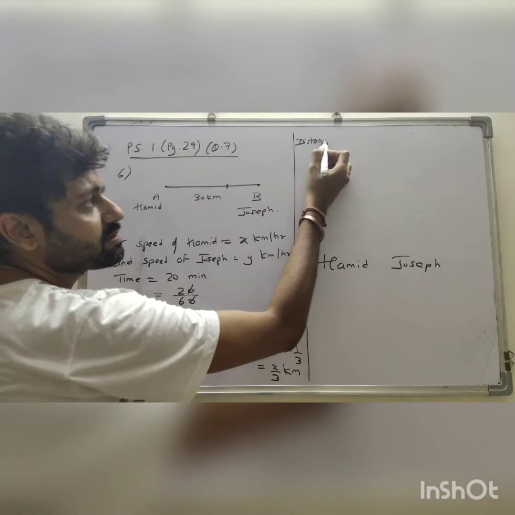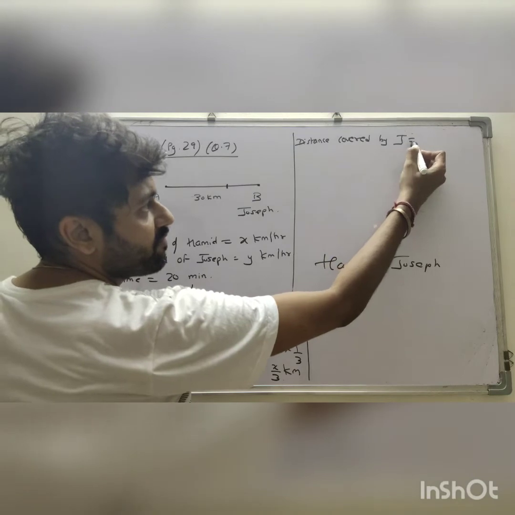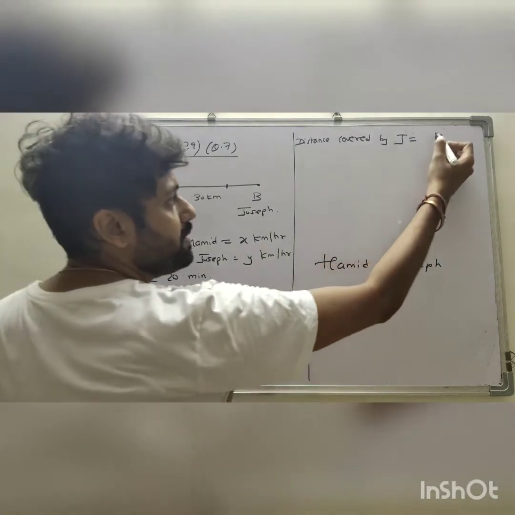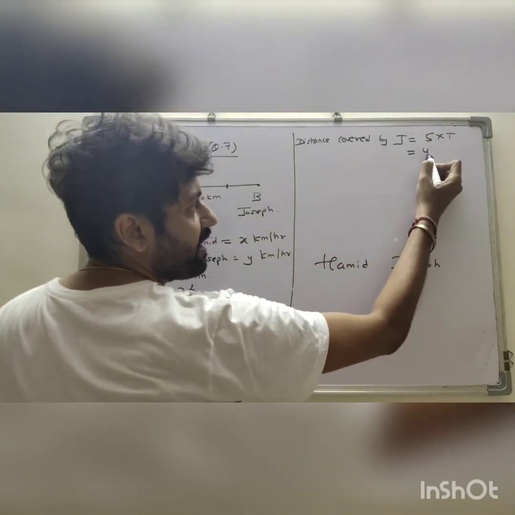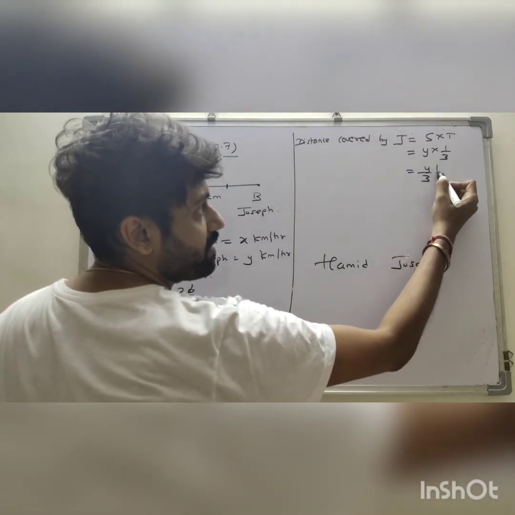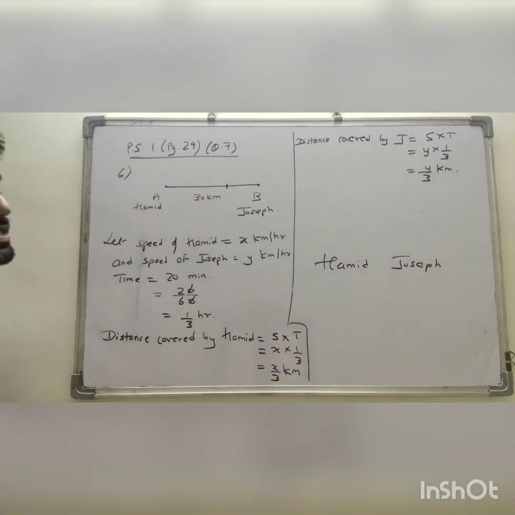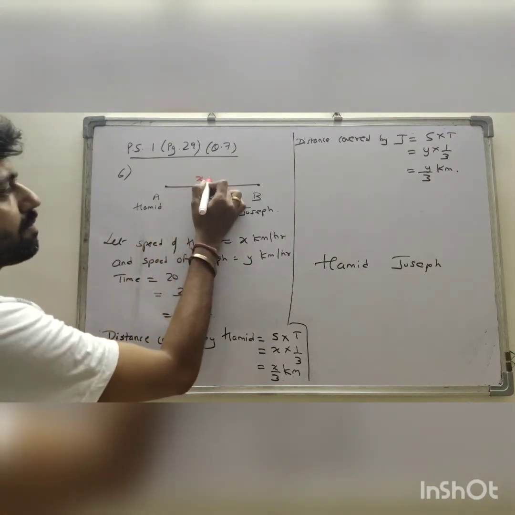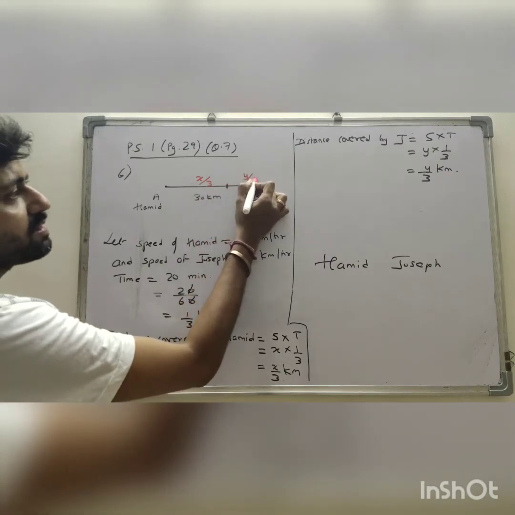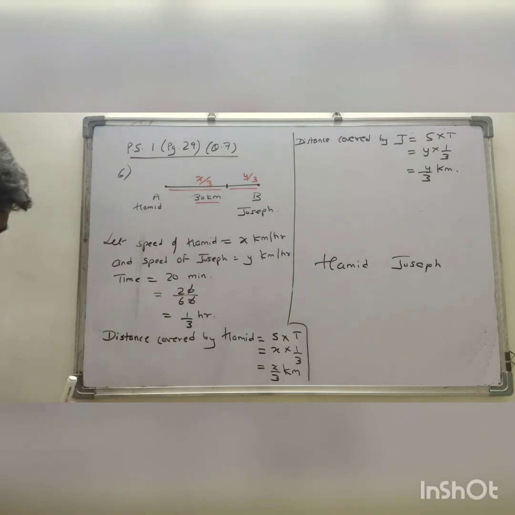Distance covered by Joseph will be equal to speed into time, y into 1/3, that is y/3 kilometers. This distance I would like to show in our diagram. x/3, y/3, and the total distance is 30.